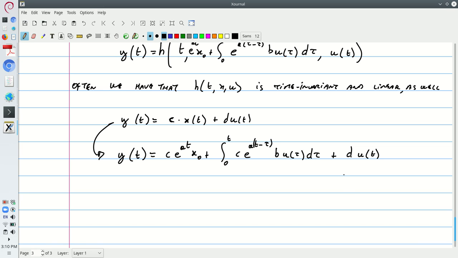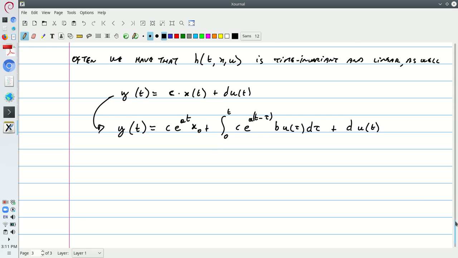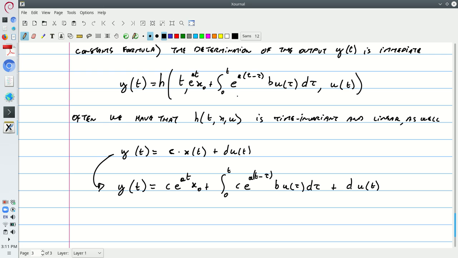Okay, so in this case, when the system is linear and time invariant, in the sense that both the dynamics and the output equation are linear and time invariant, it's very easy to determine the output. However, this function h could be arbitrarily complicated. You could just plug in what you have computed for x of t and still get an explicit solution.